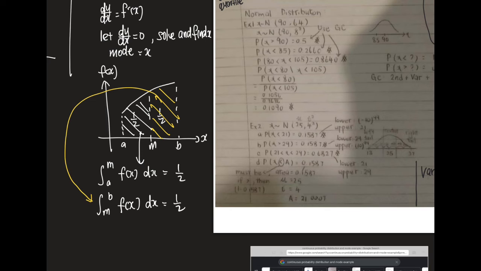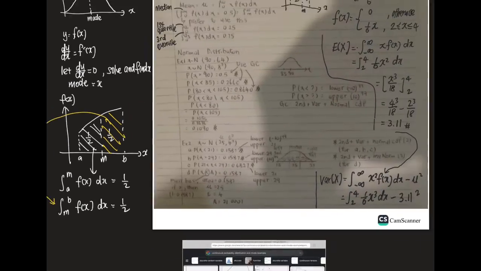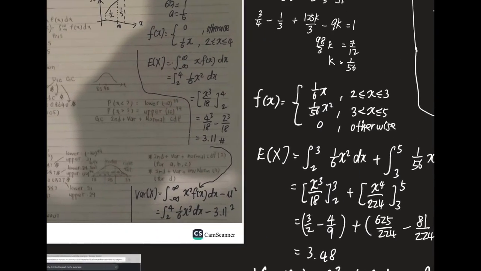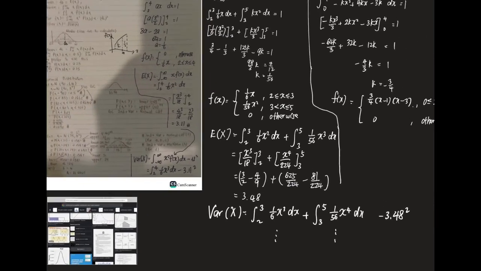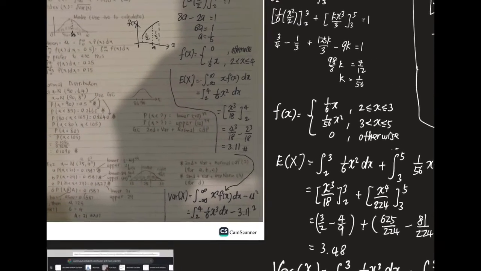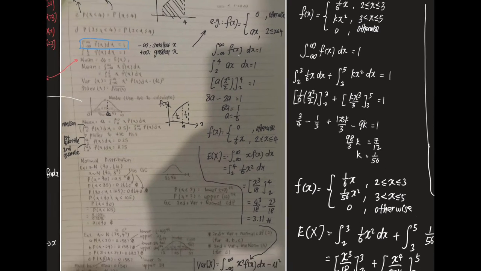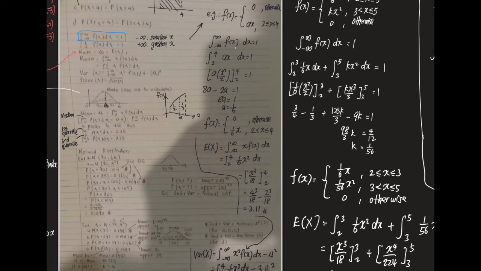Okay, so let's say one example. I use this. I have complete information to work out median. This is our working. So I have f(x). I already found A. I have the complete function.